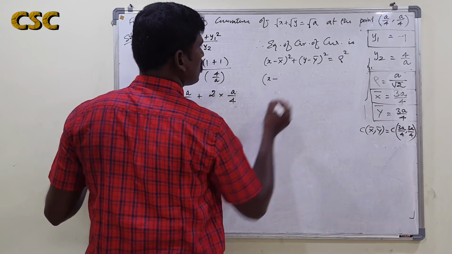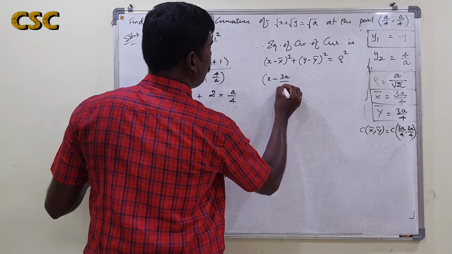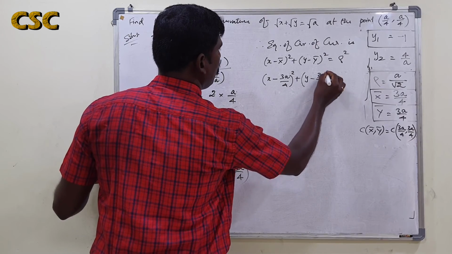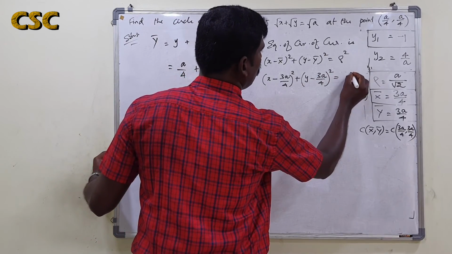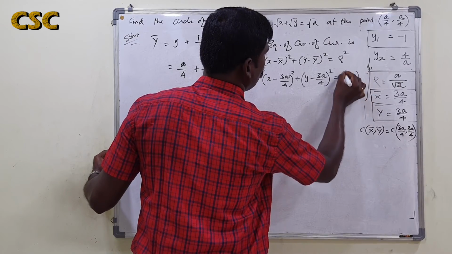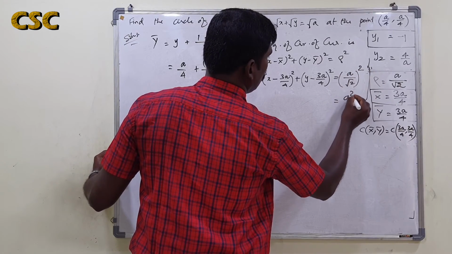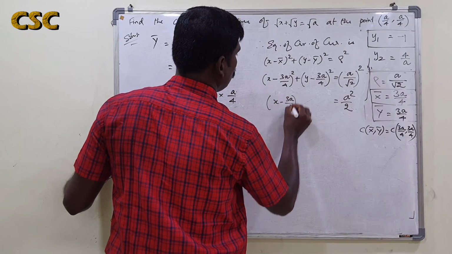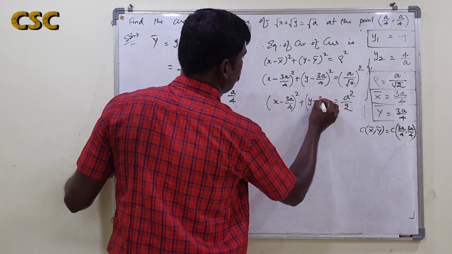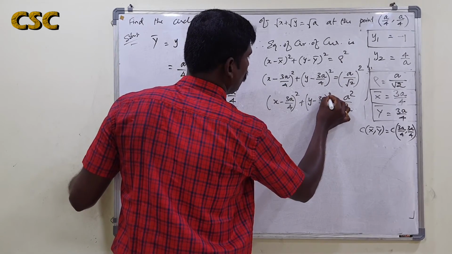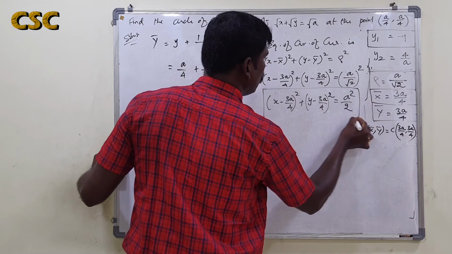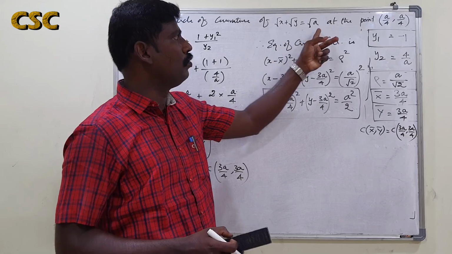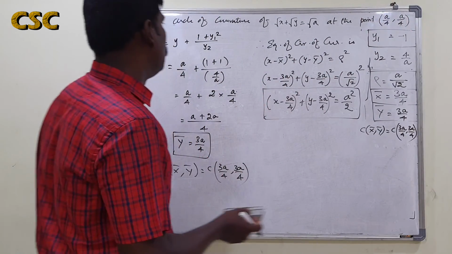So x minus, what is x bar? 3a by 4 the whole square plus y minus y bar, that's also same as 3a by 4, equal to rho square, a by root 2 the whole square, that is equal to a square by 2. x minus 3a by 4 the whole square plus y minus 3a by 4 the whole square. This is the equation of circle of curvature for the curve root x plus root y equal to root a at the point a by 4 comma a by 4. That's all.